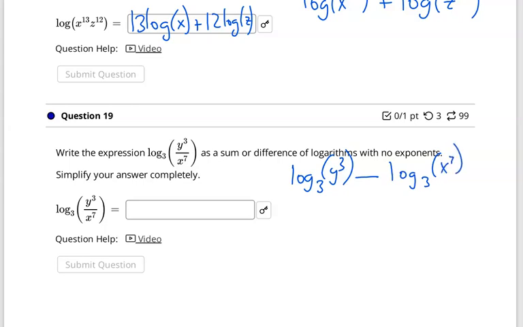Now apply log of exponents. Those come out to the front. And I get 3 log base 3 of y minus 7 log base 3 of x.